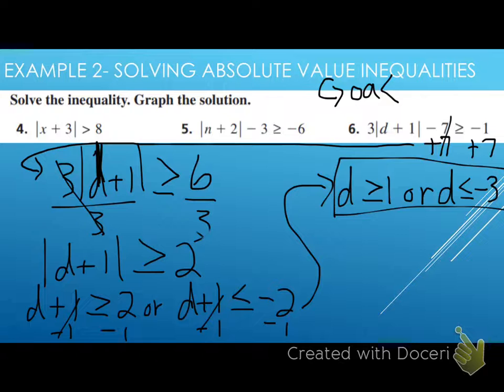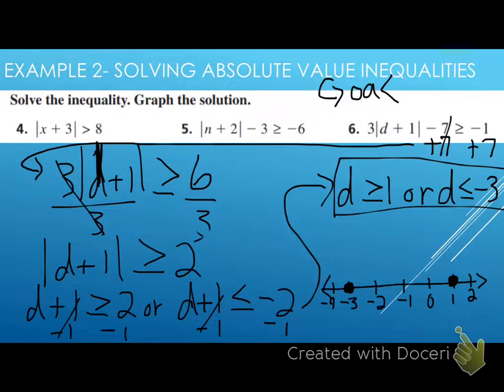Okay. Let's graph. Open or closed dot on 1? Closed. It's got that line underneath it, it's or equal to. Open or closed dot on negative 3? Closed.